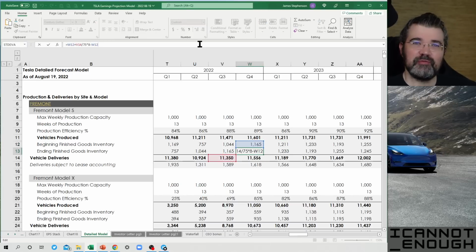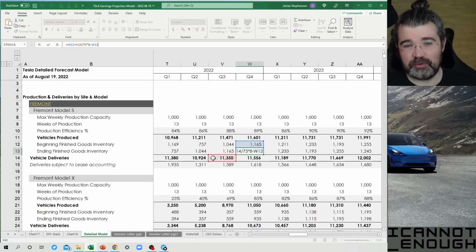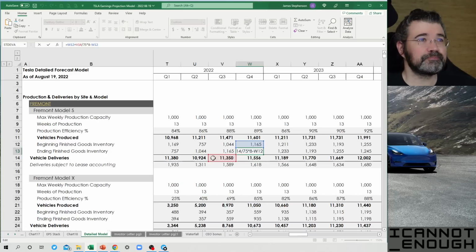But how are we getting those? Well, you need to do some fancy math to figure out, okay, how many vehicles do we have to start the quarter? Plus, we take the total deliveries from the prior quarter and divide those by 75 days, an industry standard calculation, days sales.